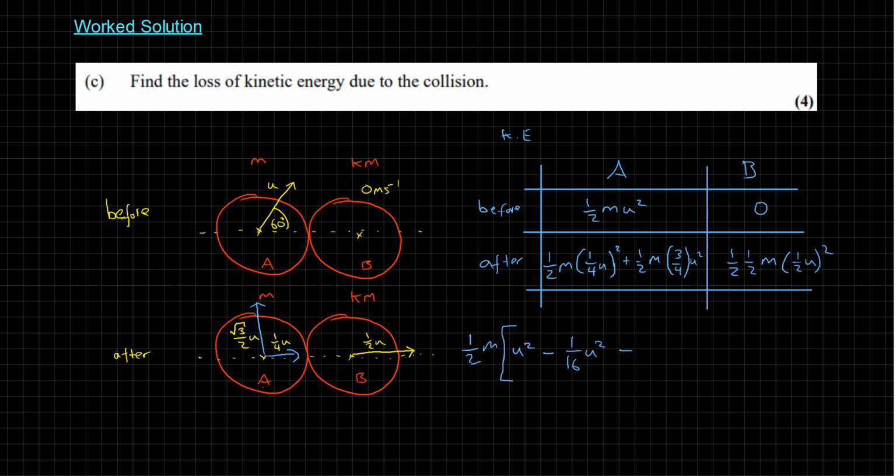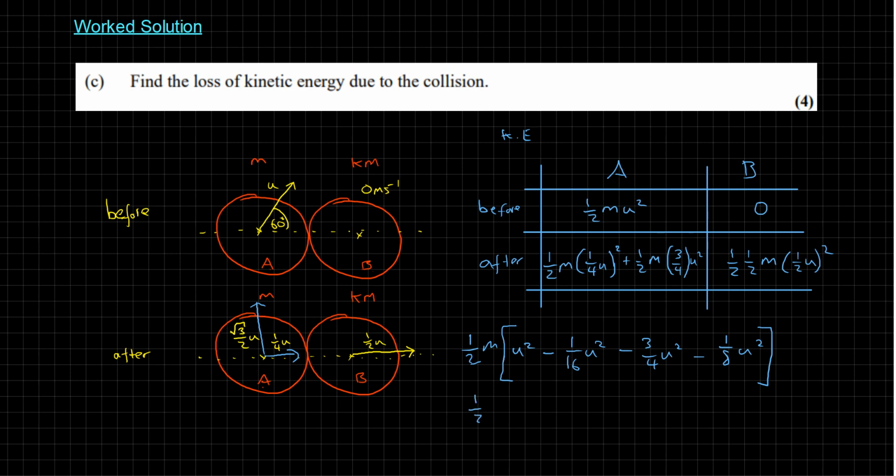minus 3/4 u squared, minus, and then we've got a half times a half m, but the half m we're taking out, so one of those halves we take, times the half u squared, that's a quarter u squared, times the one of the halves we took, that's an 1/8 u squared. Okay, so then we're effectively working out what is 1 minus a 16th minus 3/4 minus an 1/8.